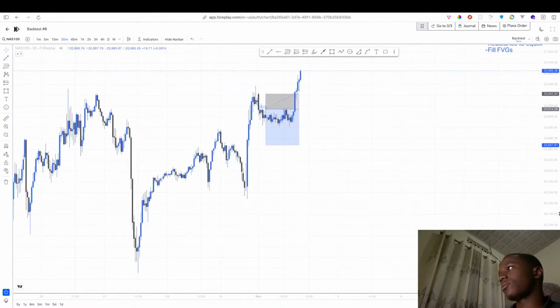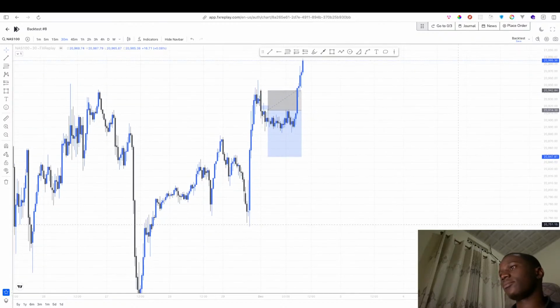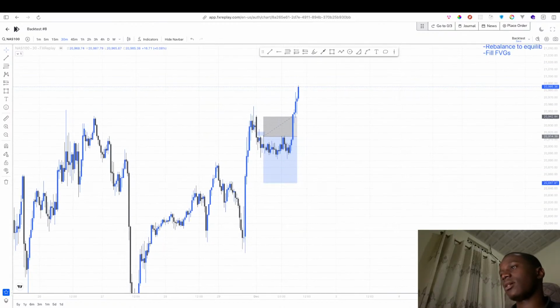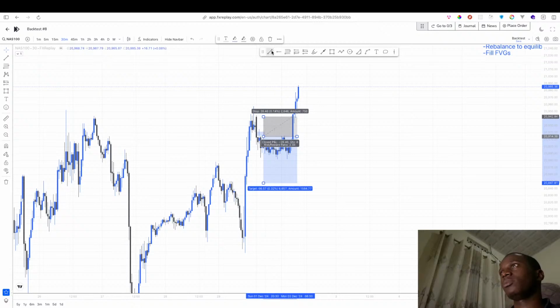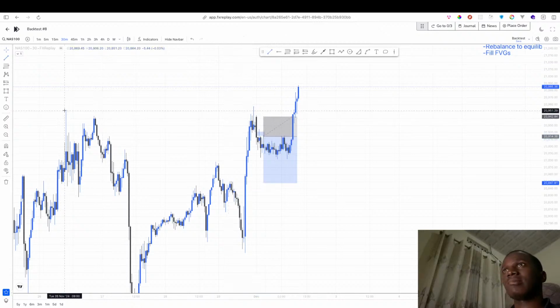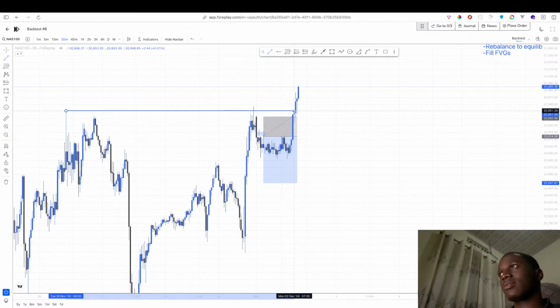Okay, so go higher and higher, and what we see exactly is that the buy side liquidity here is about to be taken out. This buy side here has been taken out a little bit.